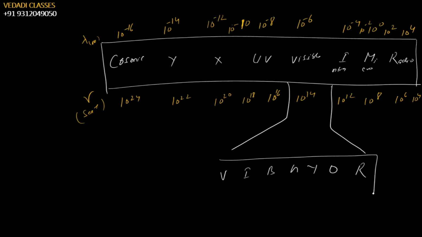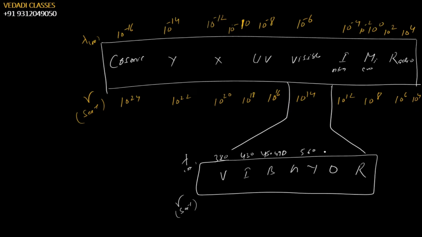Now we just discuss its frequencies and wavelengths again. Lambda is in terms of meter and the frequency in terms of per second. So this is 380, then 430, 450, 490, just like this.